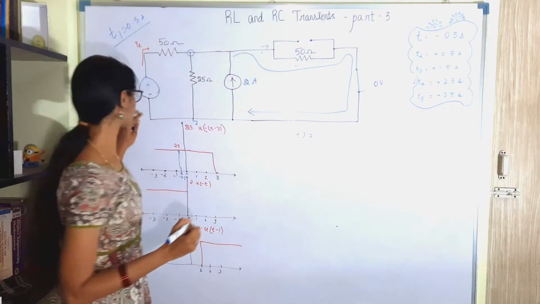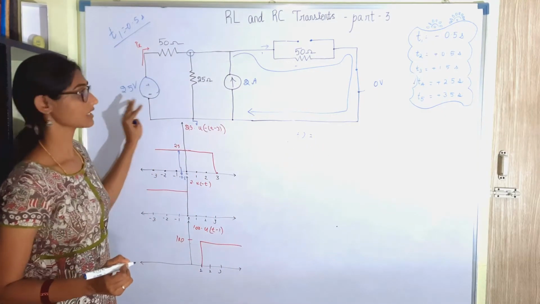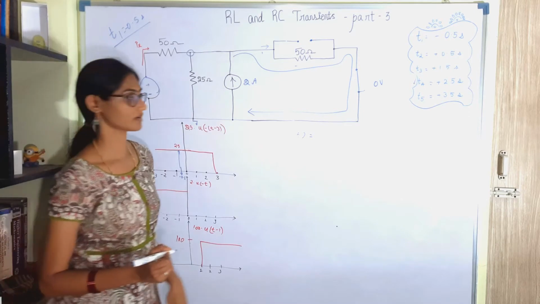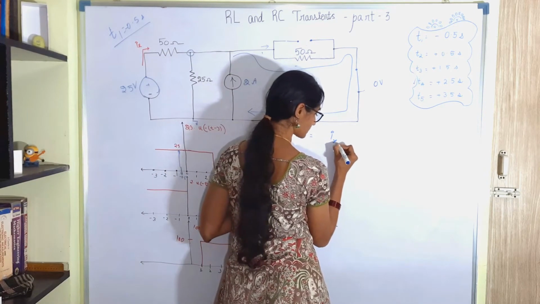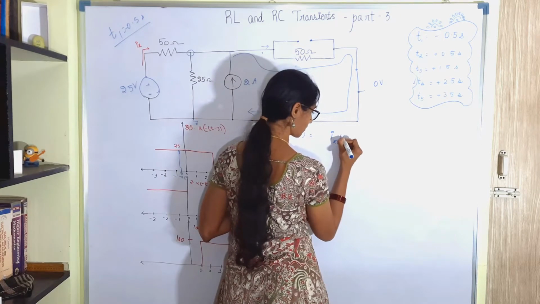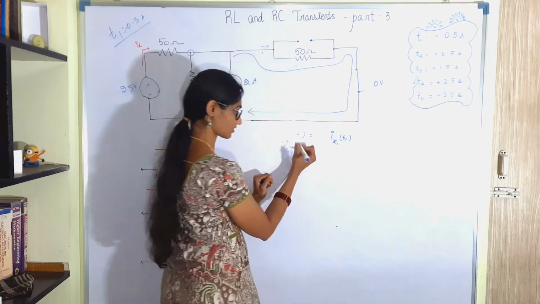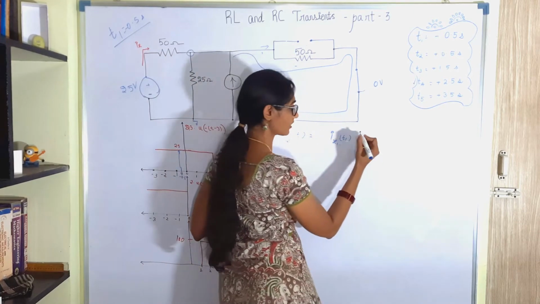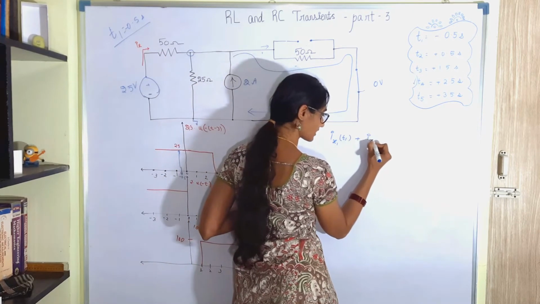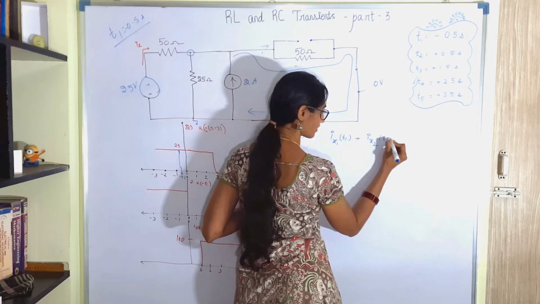the current supplied by 25 volt plus the current supplied by 2 ampere. I am putting it as Ix1 of T1. Ix of T1, where T1 is minus 0.5, is Ix1 of T1 plus Ix2 of T1.